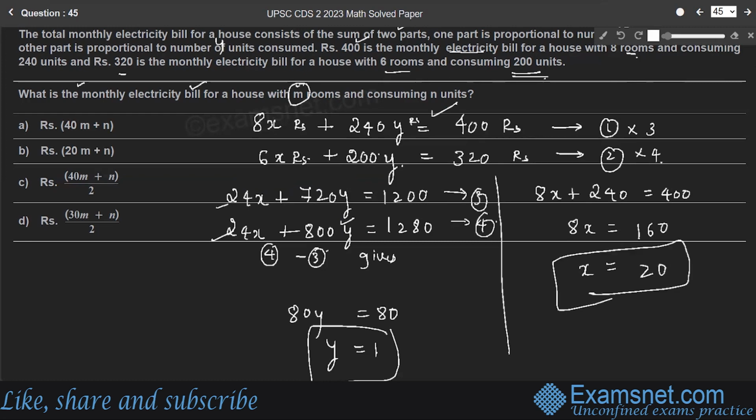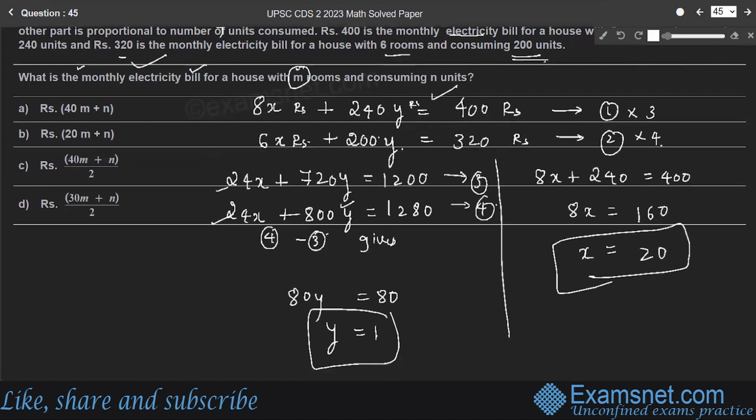Here the question is the monthly electricity bill for a house with m rooms, right? Therefore, the total bill becomes m rooms into x plus n units into y is equal to the total bill.